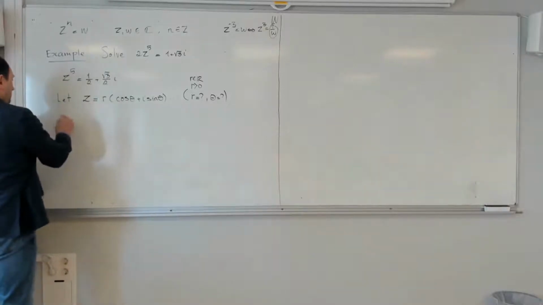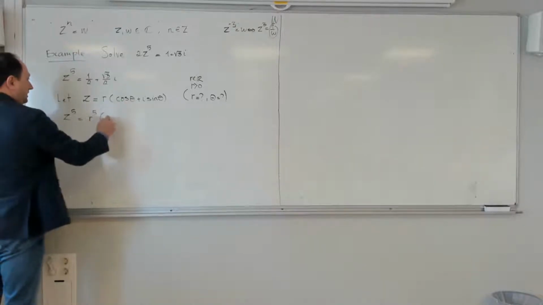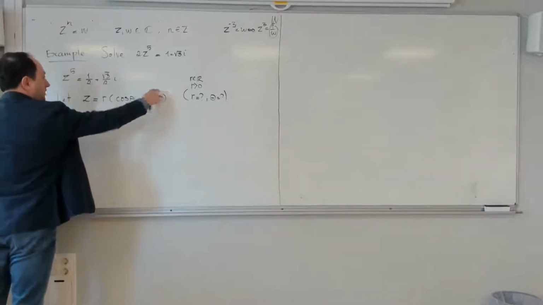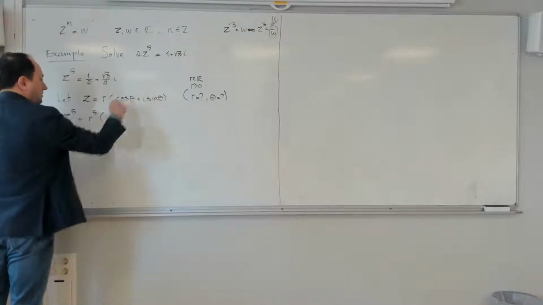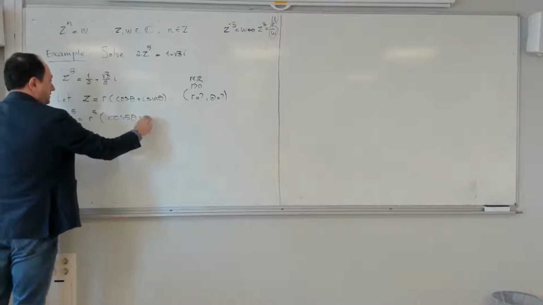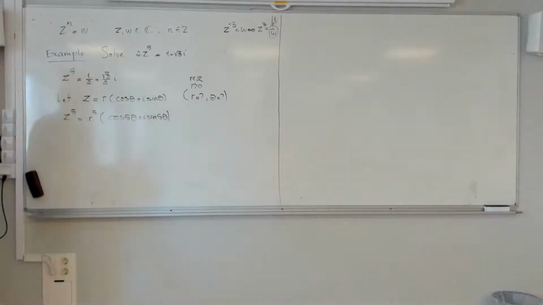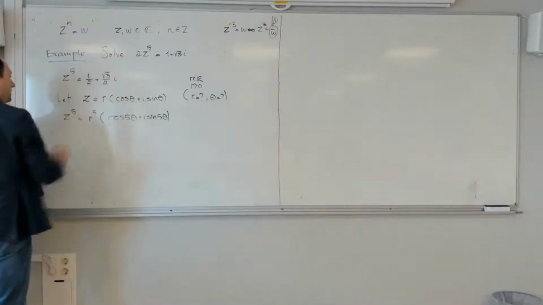So z to the power of 5 becomes equal to r to the power of 5, do you remember? And then instead of raising it to power 5, because of De Moivre's formula, I can just simply multiply the argument by 5. And I get this. And then when I plug it into this equation, what will happen?